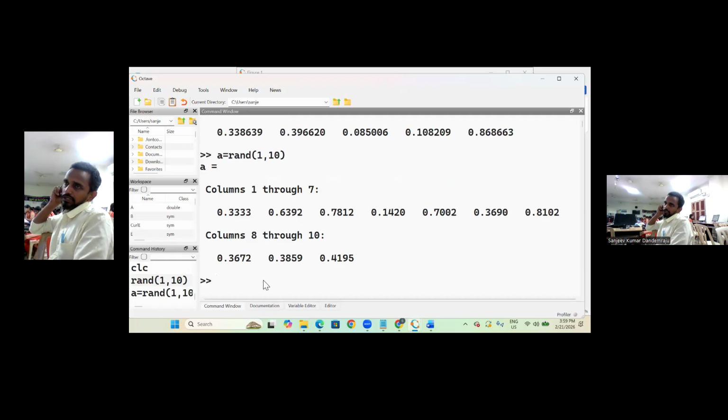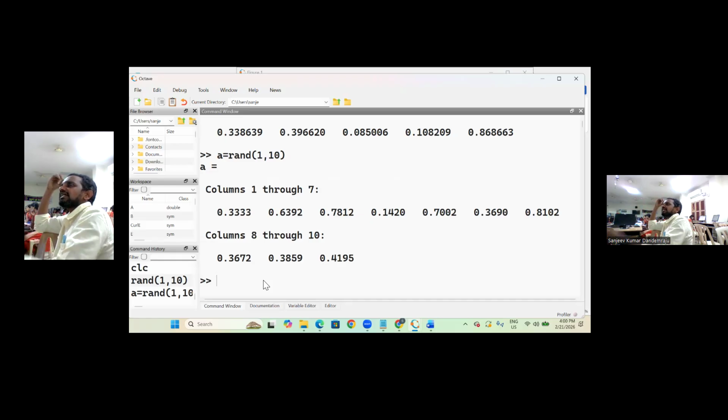Now I count. These random numbers are in between 0 and 1. If these numbers are less than 0.5, I count it as head, and if they are greater than 0.5, I count it as tail. So now in this series, how many heads are there? 0.3, 0.6, 0.7 are tails, 0.1, 0.7, 0.3, 0.8, 0.3, 0.3, 0.4.